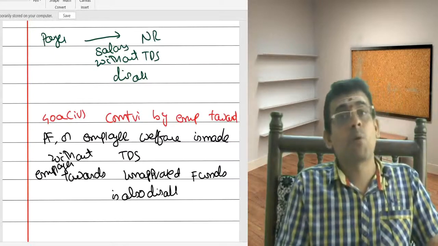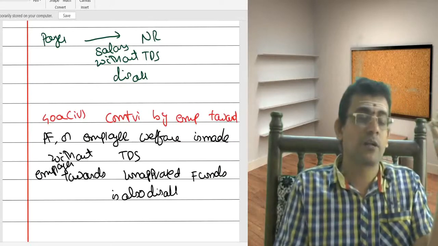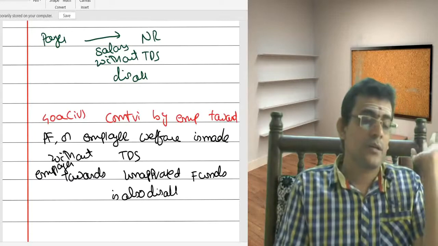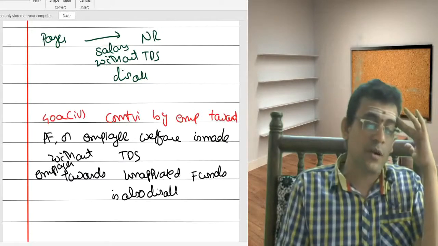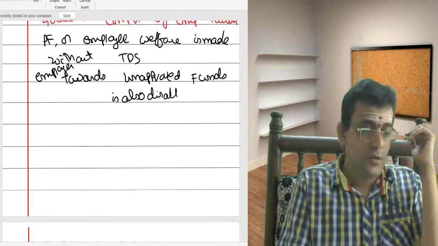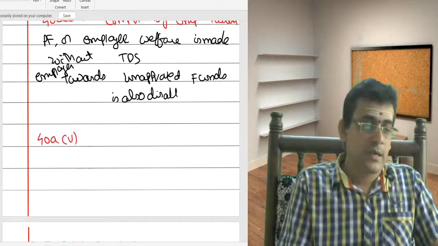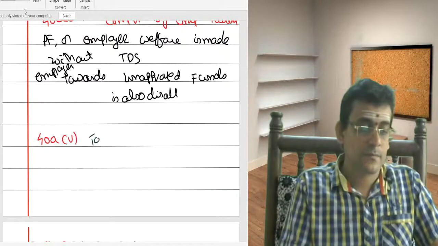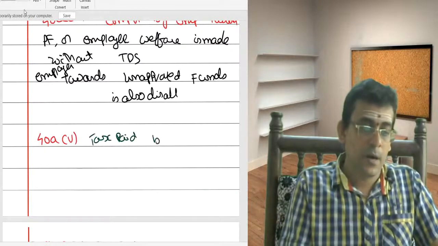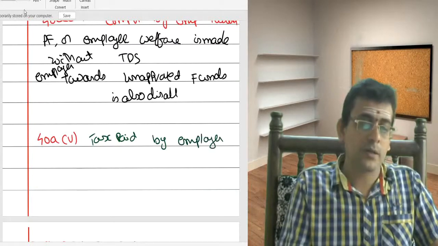Means what? Approved gratuity fund, section 36, allows the tax deduction. Contribution towards unapproved gratuity fund is disallowed. So any sort of contributions towards unapproved gratuity fund is always subject to disallowance. Now let us move on to the next section. 40A subsection 5. This speaks about tax paid by the employer on non-monetary perquisites.